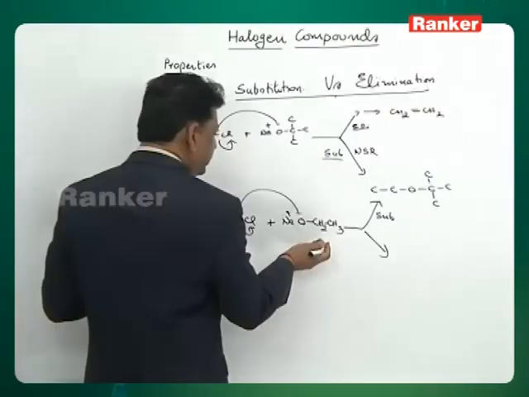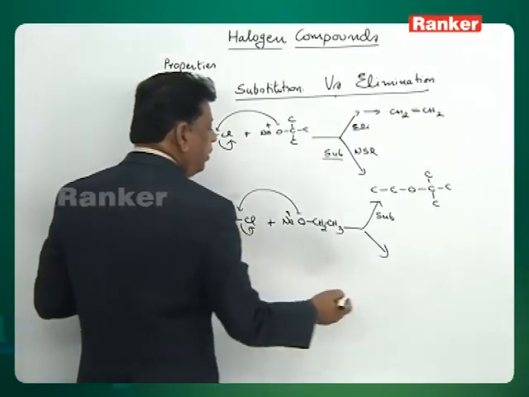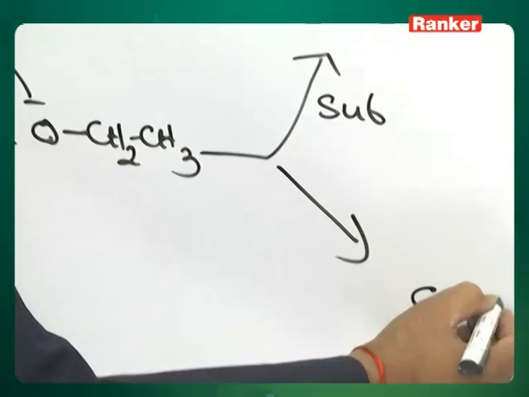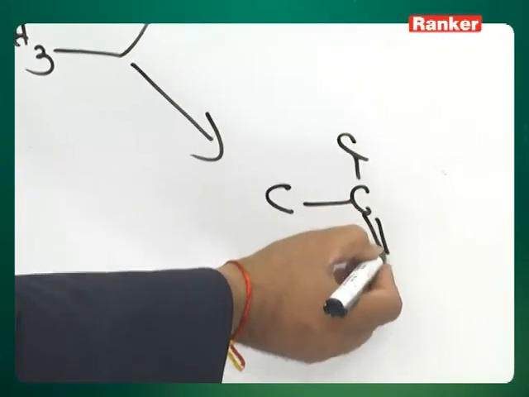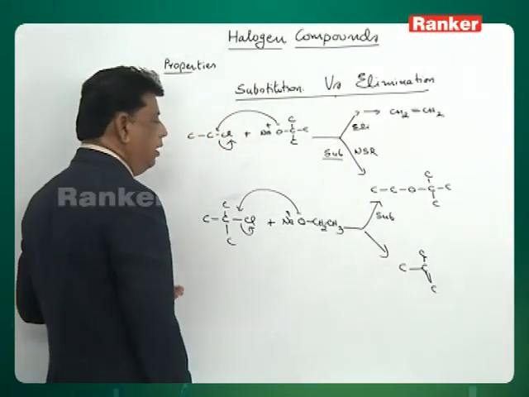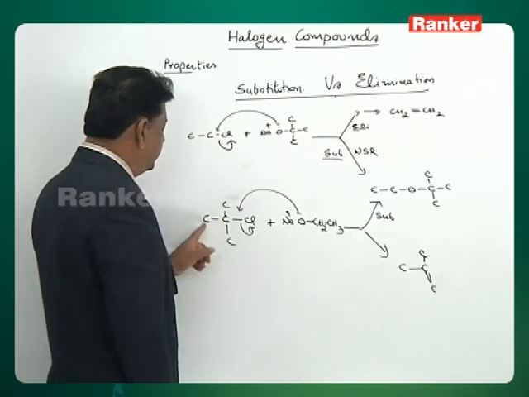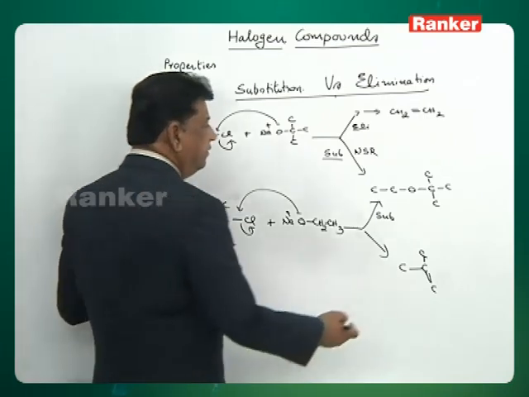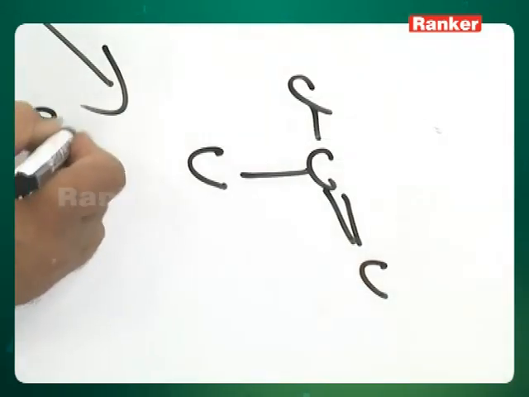Or if this works as a base, the compound may undergo elimination and an alkene may also be formed. So elimination gives this alkene as a side product.